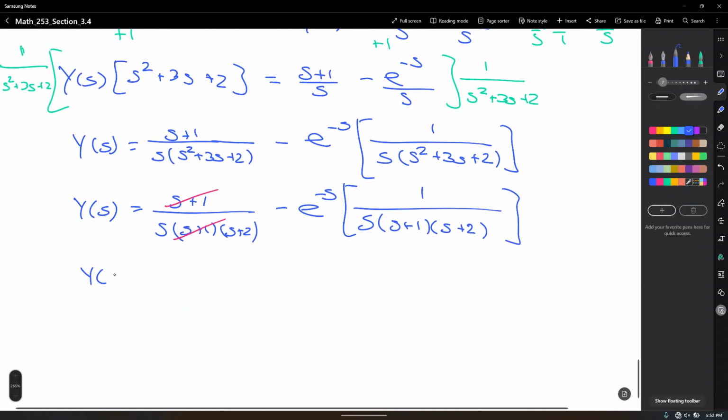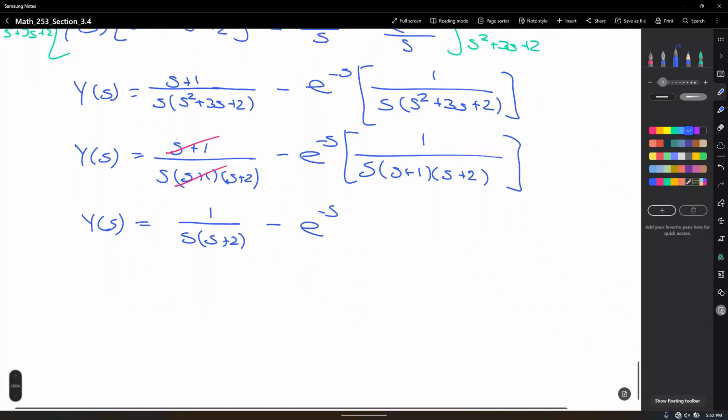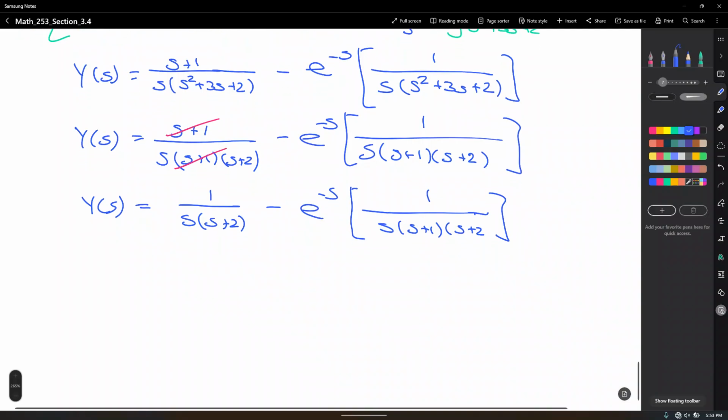So what do we do next? Y of s equals 1 over s times s plus 2, minus e to the negative s. This time I put the exponential factor in the front. It doesn't matter, really. And this is times 1 over s times s plus 1 times s plus 2. Here again, I'm going to skip the partial fraction decomposition.